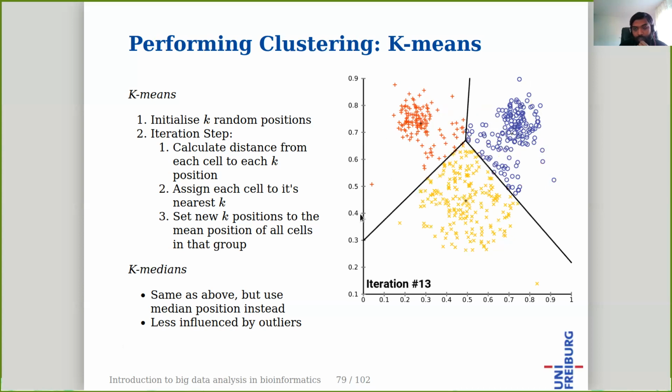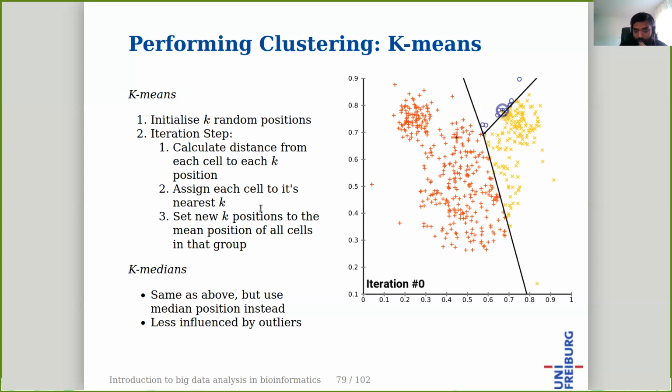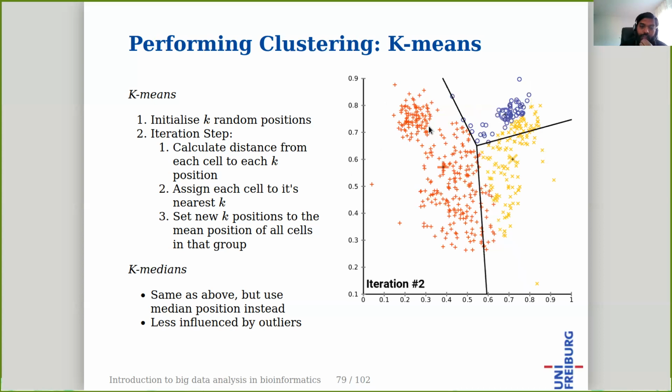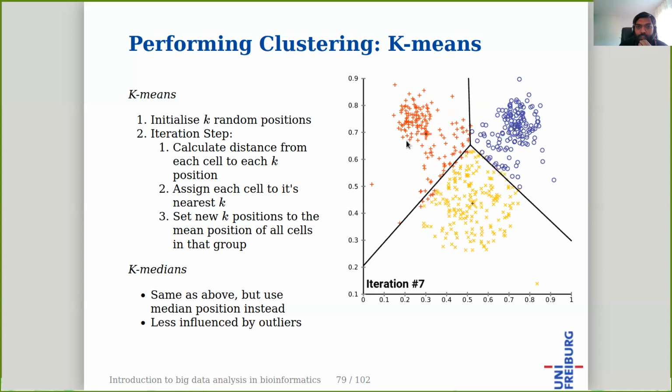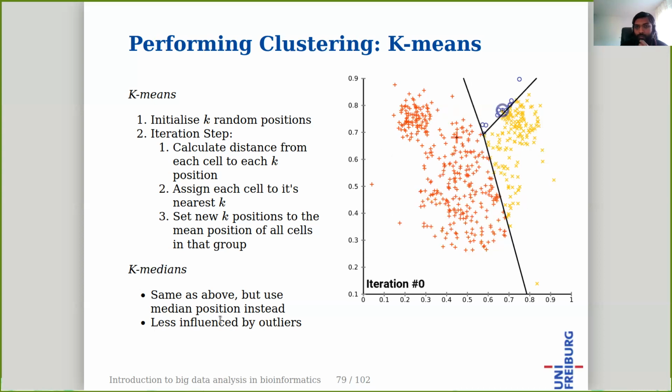So if there are a few outliers that are really far away from the remaining group, taking the mean position may shift it, but actually the majority of your data points are somewhere here. That's why, in this case, k-medians works well.